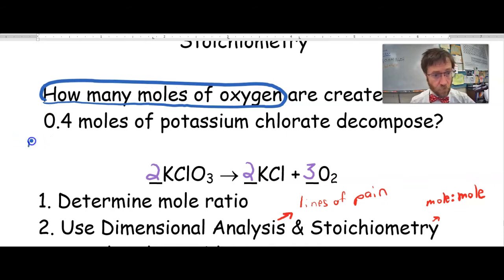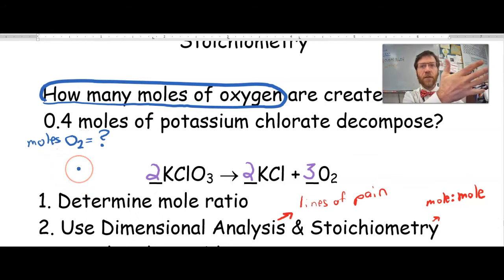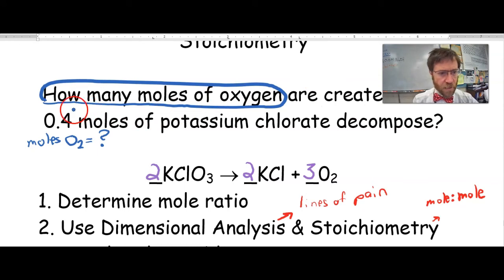So I write it down. Moles of O2 equal question mark. That's what I'm looking for, right? And if I write it down, it no longer becomes a word problem. Now it's just like a regular old math problem if you write it down. Got it? Great. Okay.